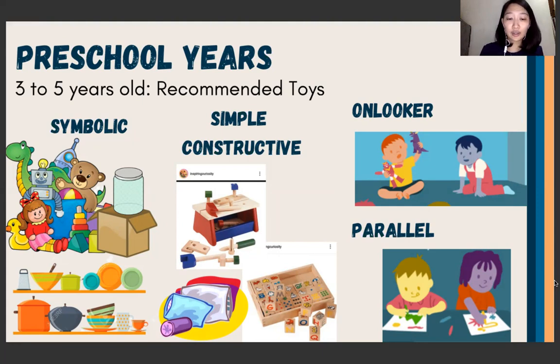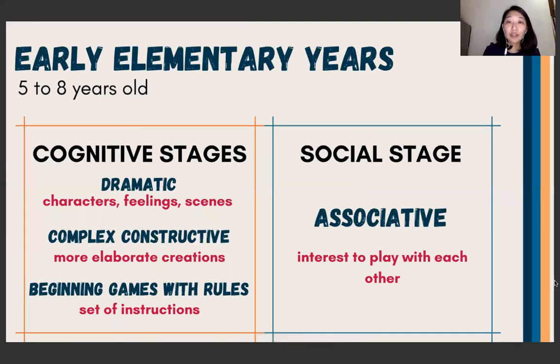As illustrated, preschoolers engage in onlooker and parallel social play. For the early elementary years, 5 to 8 years old, cognitively, the children are expected to be in dramatic play, which is another higher form of pretend play.